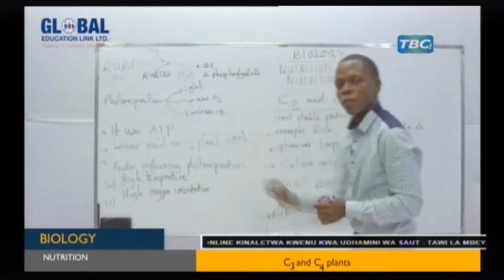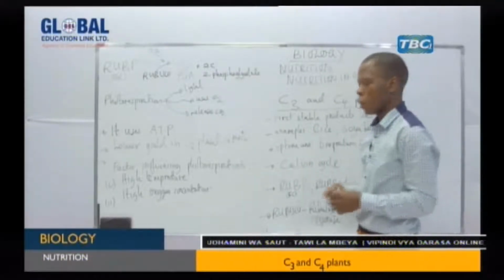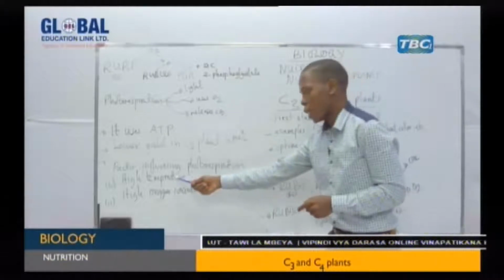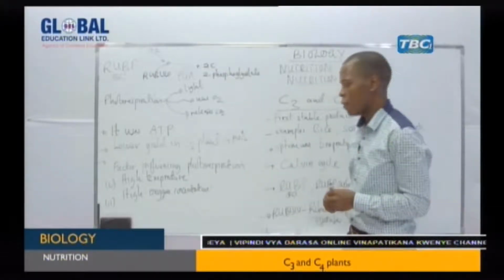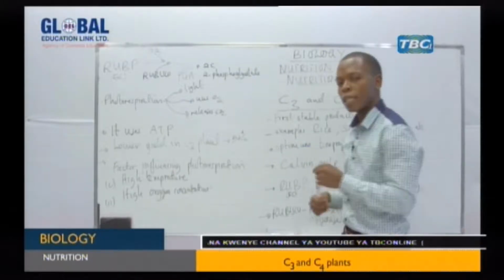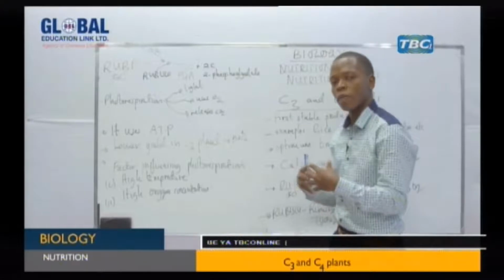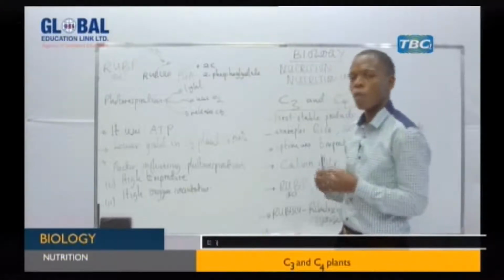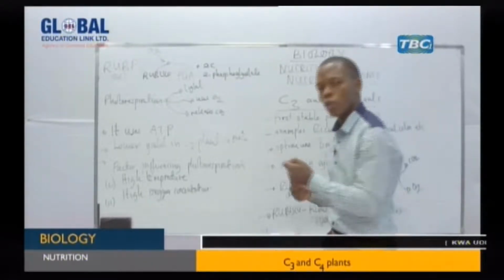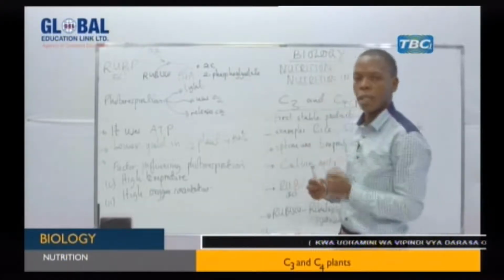Okay, how does this factor bring about photorespiration? Actually, we know at a high temperature, for C3 plants to survive, there must be a regulation of the stomatal opening. Therefore, at a high temperature, the stomata of C3 plants close. And once they close, they reduce the amount of carbon dioxide which will diffuse into the plant tissue.